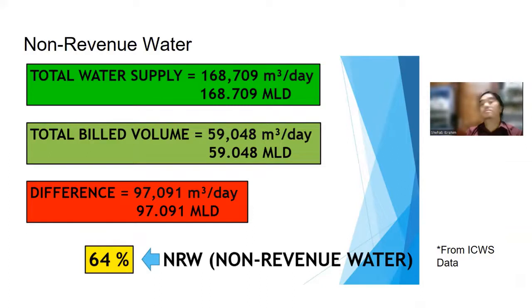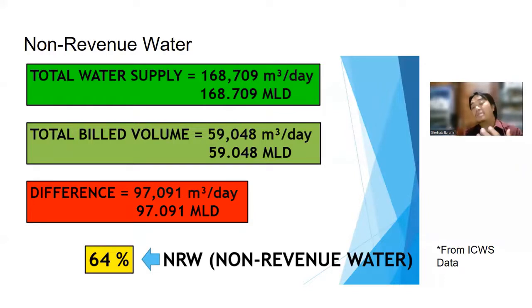But then, the total billed volume is just around 59,048 cubic meters per day, or 59.048 million liters per day. So there is this difference, or unaccounted, of 97,091 cubic meters per day, or 64% of the water supply.